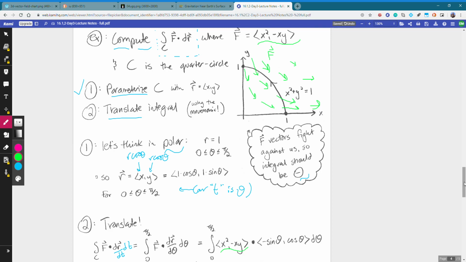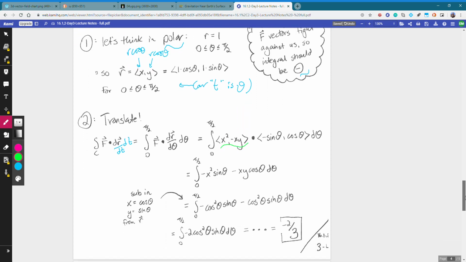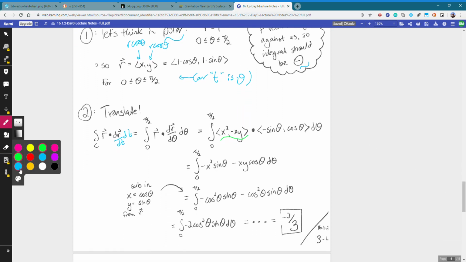And over here, we just need to take the derivative of our parameterization. So cosine becomes negative sine, sine becomes cosine, and here is the derivative. And so here's our dr d theta.